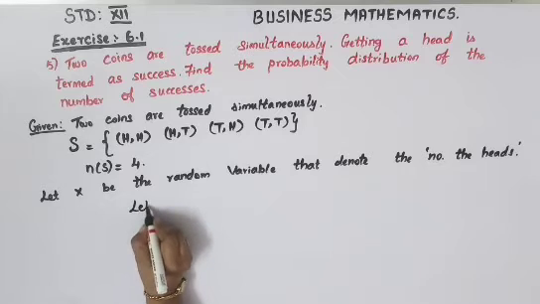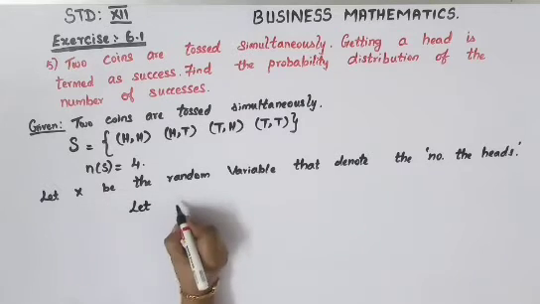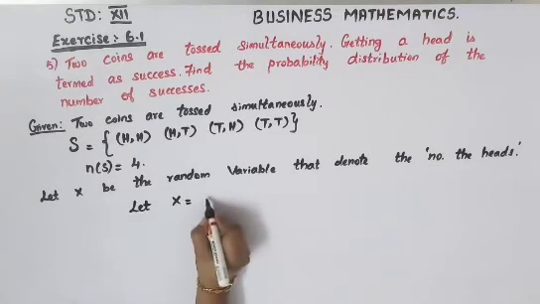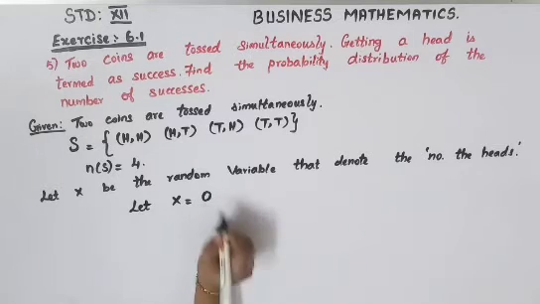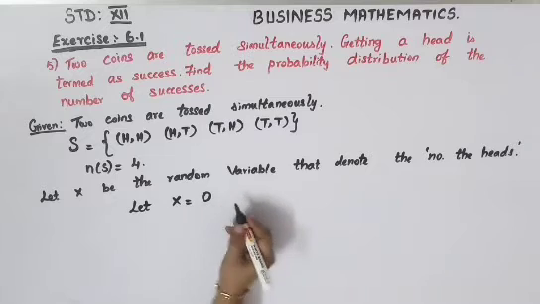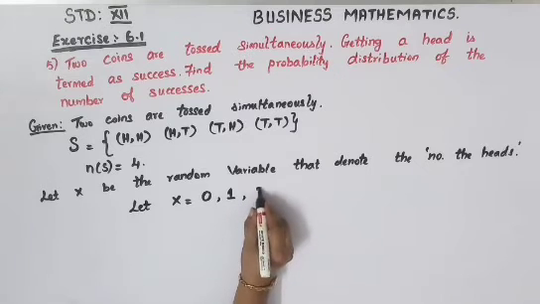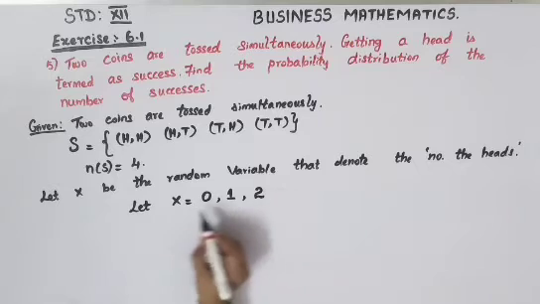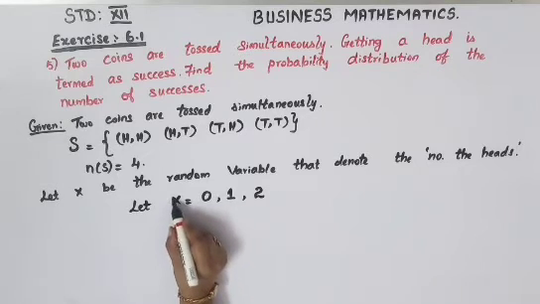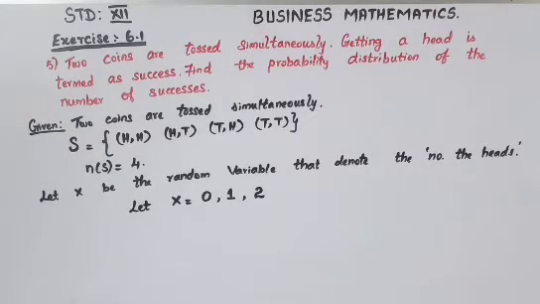So let your random variable be X. X is equal to not getting a head, that is 0. So you will not get a head at all. The next one is 1, that is one head you can get. The next is both heads, in both the coins you can get a head. So these are the values of the random variable X: X is equal to 0, 1 and 2.